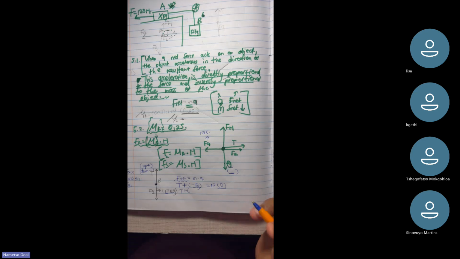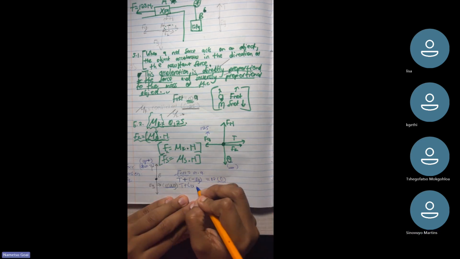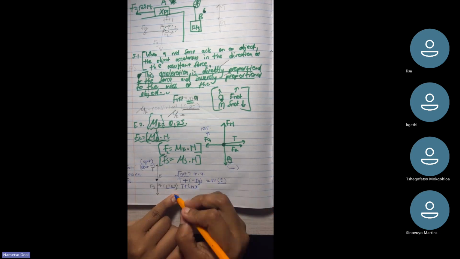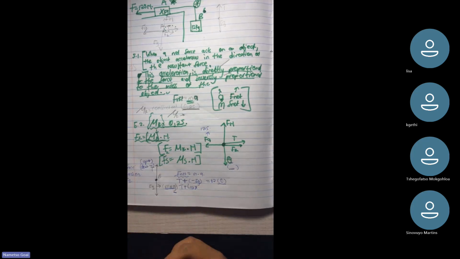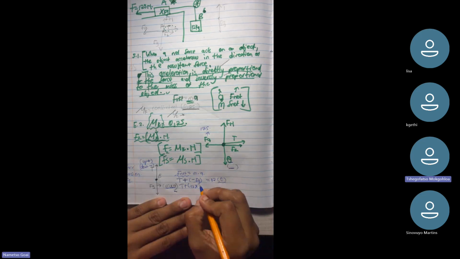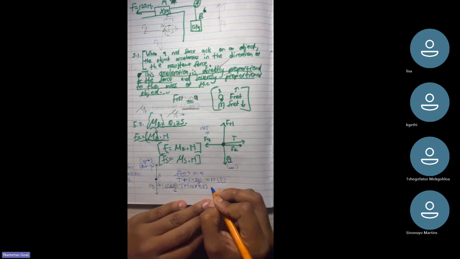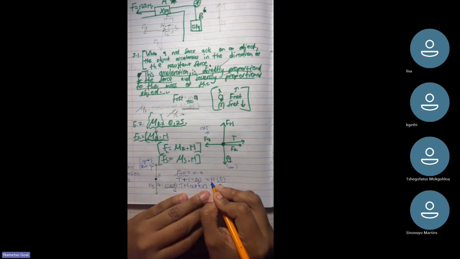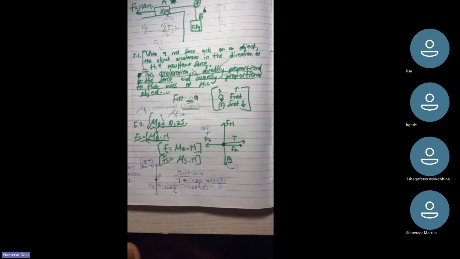It's there on the image. 12 kg. So it's going to be 12 times g. What is g? 9.8, correct.